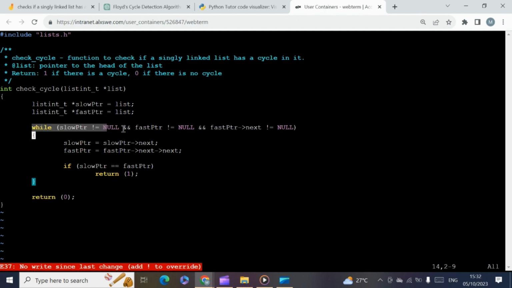But if they are not null, we point the slow pointer to the very first element, and then we point the fast pointer likewise.